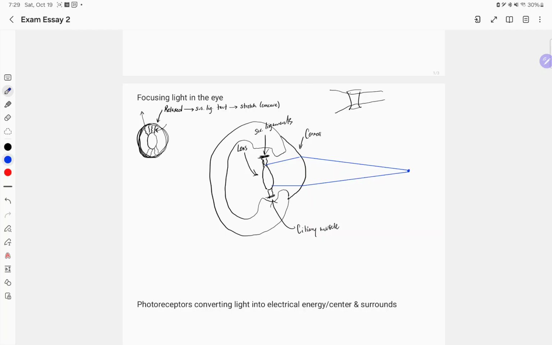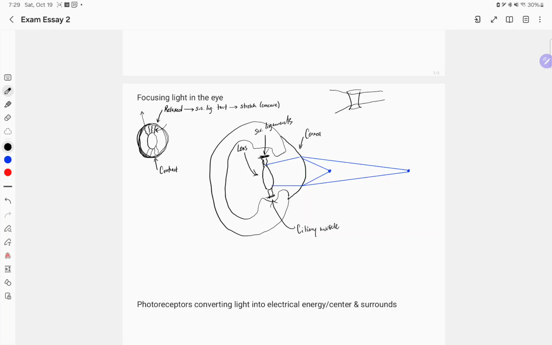Now, if you have an object that's closer to the eye, you're going to need to bend light more to focus the light on that object. And so what will the ciliary muscle do? It's actually going to come inward. It's going to contract, and that's going to cause the suspensory ligaments to loosen.